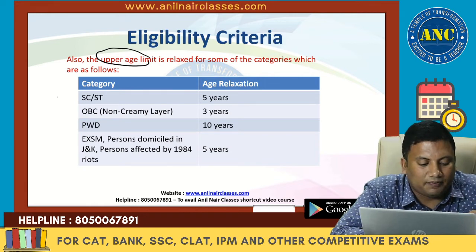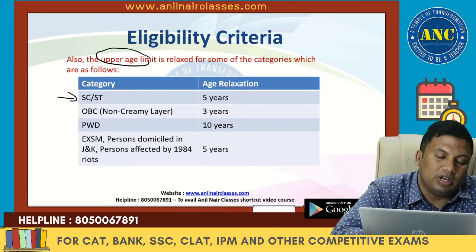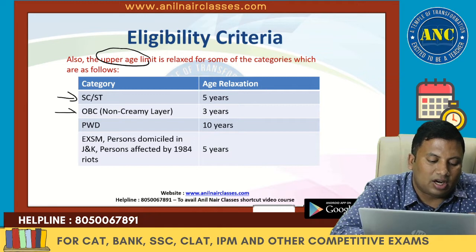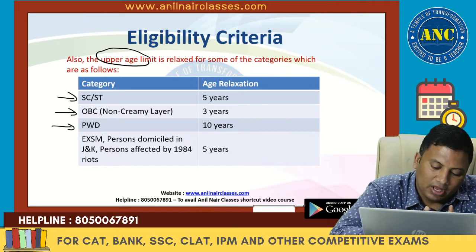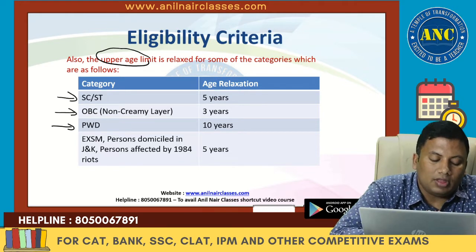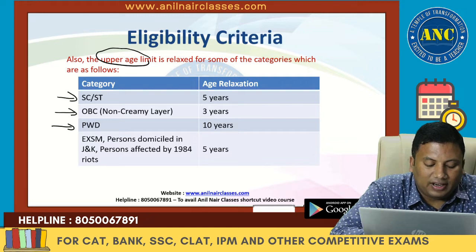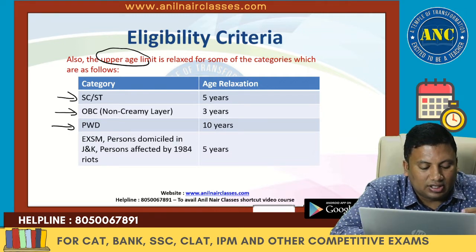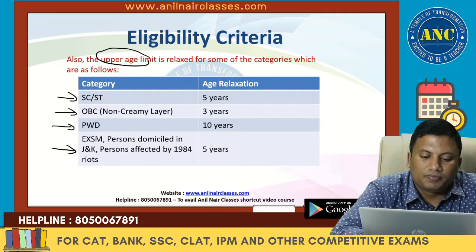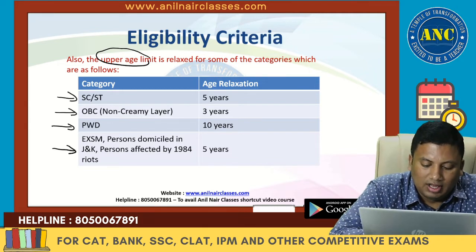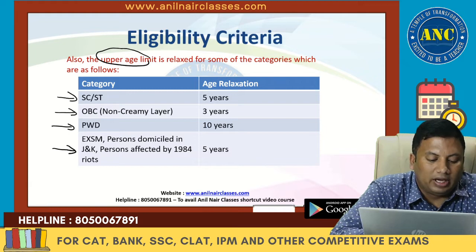5 years age relaxation is given to SC and ST. For OBC non-creamy layer, 3 years extension is given. For the PWD category, 10 years is given. And people who are affected by the 1984 riots, and anyone who is a domicile of Jammu and Kashmir, age limit is relaxed by up to 5 more years. I hope it is clear.